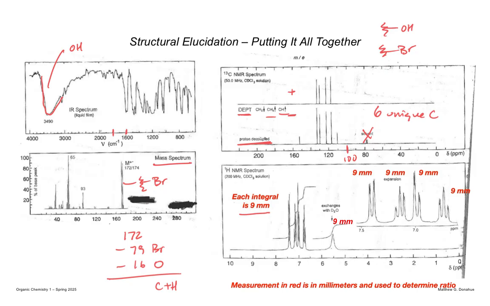So how many signals do you see total? This thing over here is just a blow up of that region. So 1, 2, 3, 4, 5. See this one, it says exchanges with D2O.